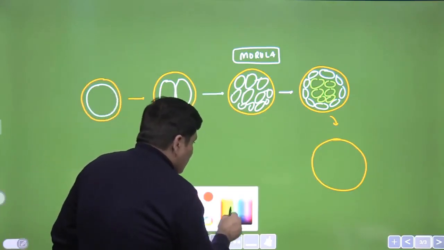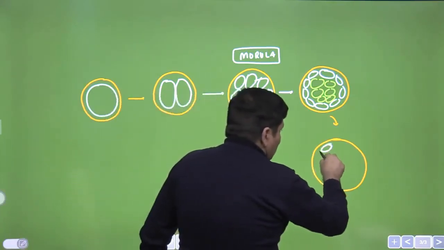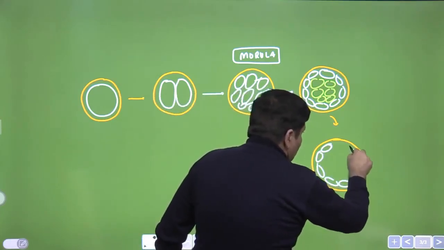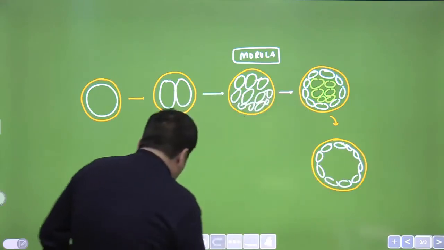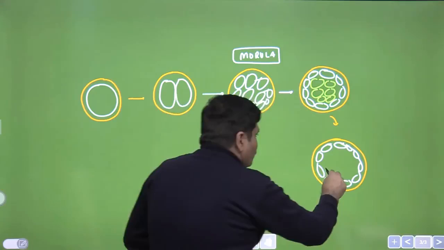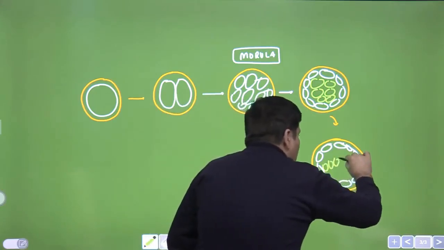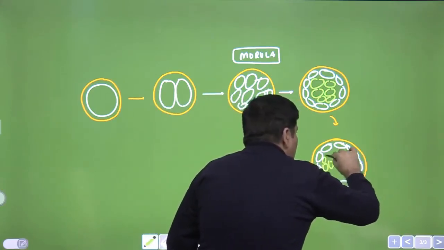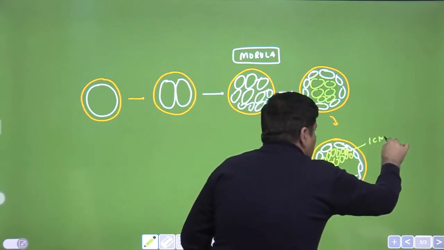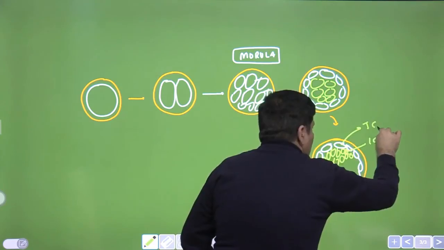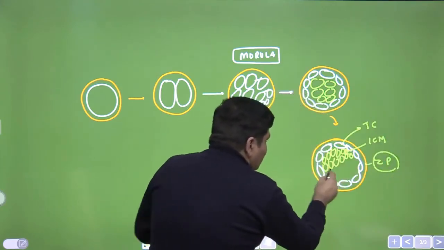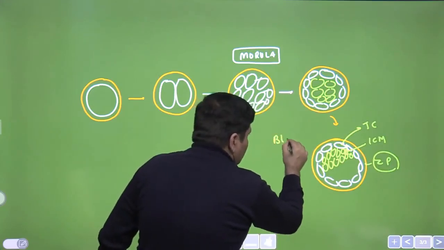There will be no appreciable growth in the structure. This is the outer cell mass or the trophoblast cells, and because of the accumulation of the fluid, these inner cell mass cells will be pushed towards one of the poles. So this is the inner cell mass, these are the trophoblast cells, and this is the zona pellucida, and this structure would be called the blastocyst.